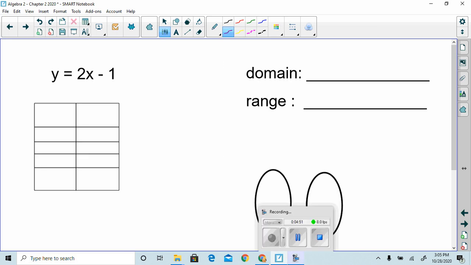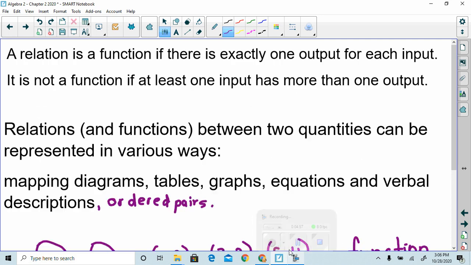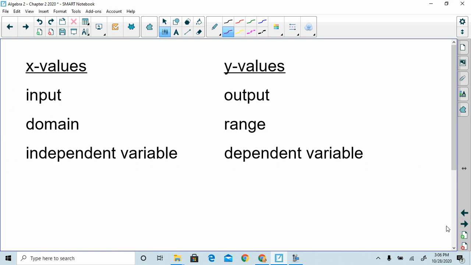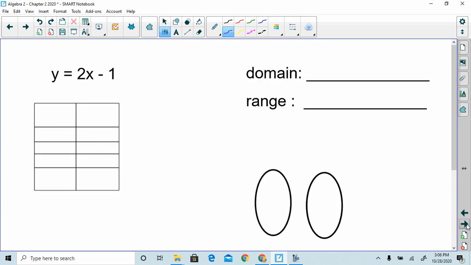Let's take a look at an actual function. In this function, I'm now looking at it as an equation. Okay. In this equation, y is equal to 2x minus 1, it states a rule, and that rule says take a number, multiply it by 2, and then subtract 1.